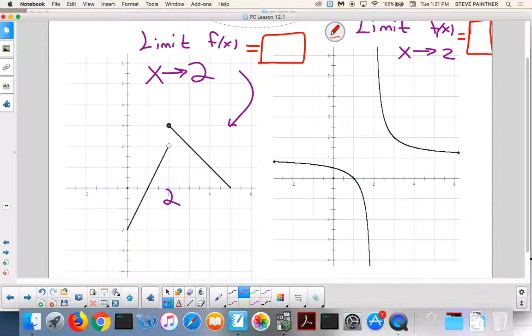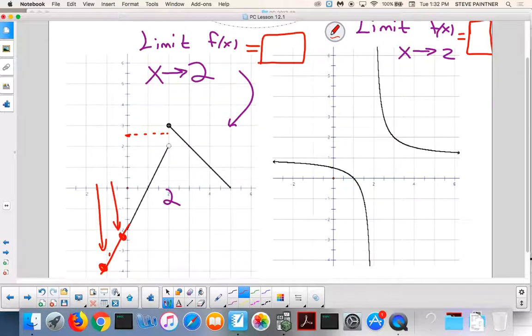All right, ready? See what's the answer to this one. 2.5. Okay, she says, kind of looks like the halfway mark, 2.5. Now remember, it is a number n. The definition said it's got to be just a number. Okay, and it's got to be approaching 2.5 from the left and the right. If I tried this answer right there, I'll get this one.